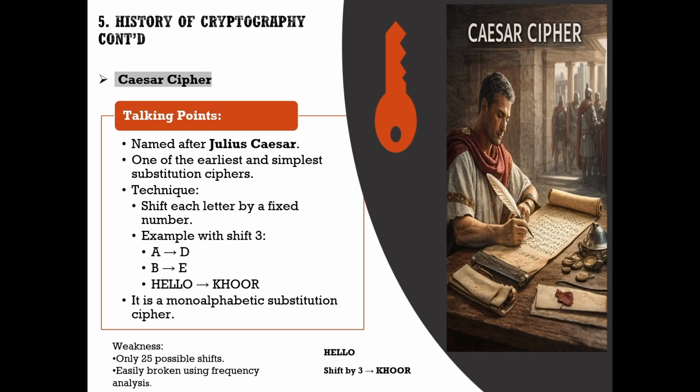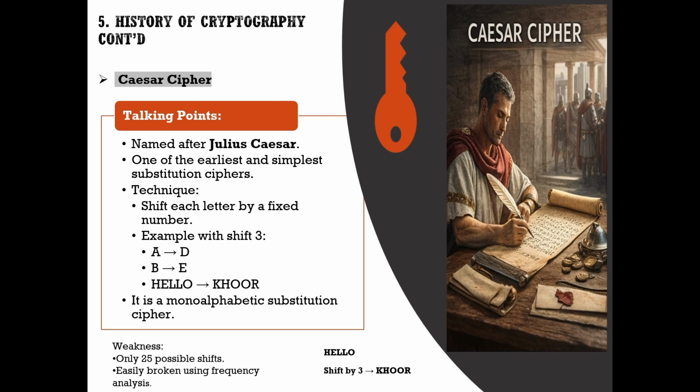So we'll look at the Caesar cipher and how it actually works. It is named after Julius Caesar and is one of the earliest and simplest substitution ciphers. The technique is to shift each letter by a fixed number, and that number may range from 1 to 25. For a simple example, let's say we move each letter by 3.